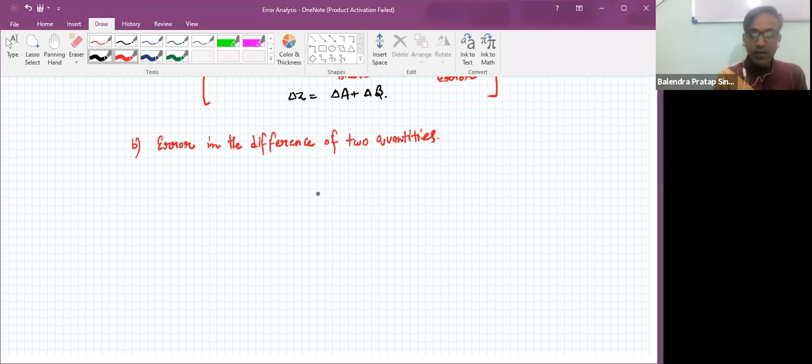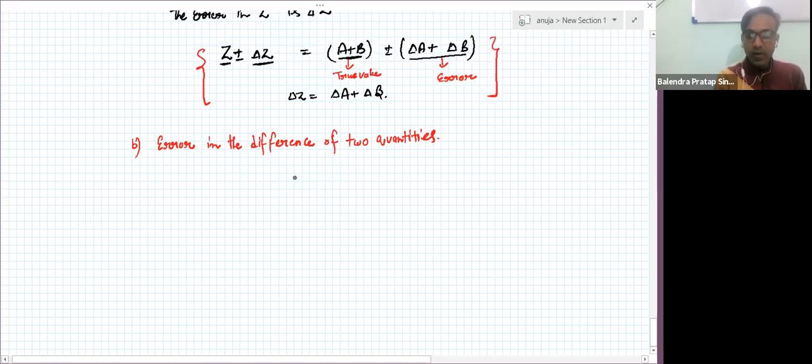If two quantities are A and B, and the true value is defined as Z is equal to A minus B, then the error in Z is Z plus minus delta Z equal to A minus B plus minus delta A plus delta B. Remember, error always gets added.